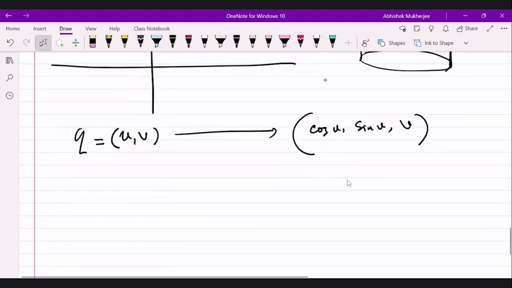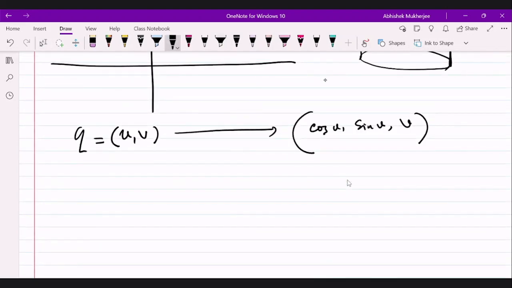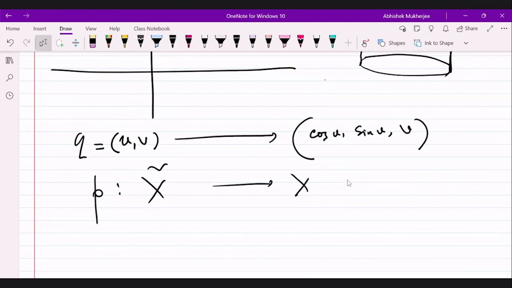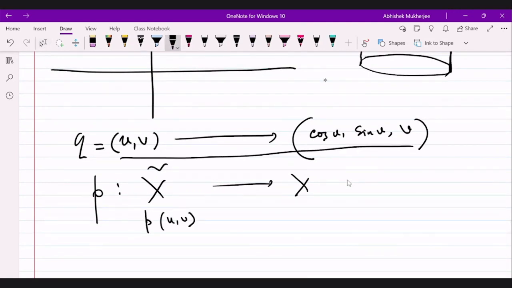So this is a map. This p is from this X tilde to X, which is defined in this way: p of (u, v) goes to (cos u, sin u, v). Sorry, this is v.